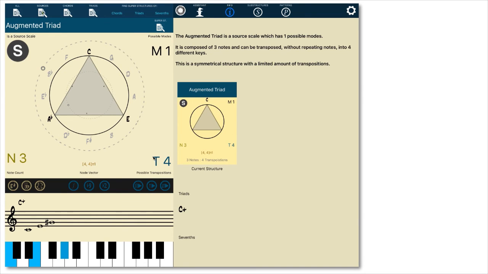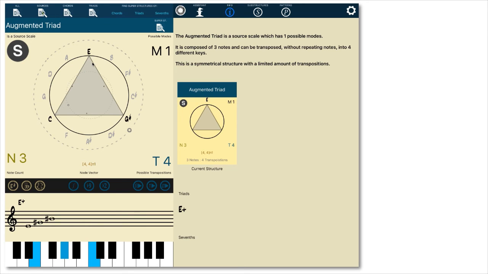If we change the key to G, we get the Augmented Triad, G, B, and E flat. E flat being D sharp enharmonic. In D, we have a different set, and also in A. But when we get to the key of E, we have the exact same Augmented Triad as in the key of C. C augmented is the same as E augmented and G sharp augmented.